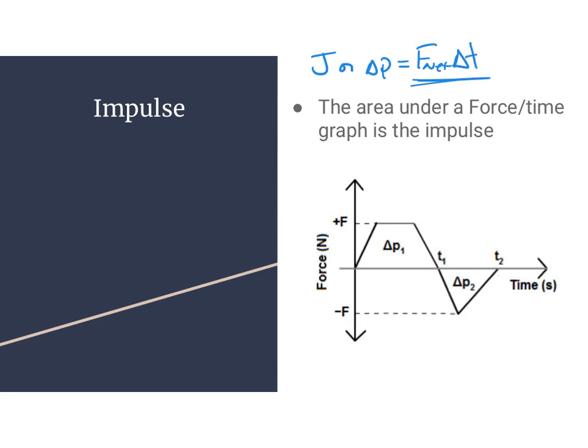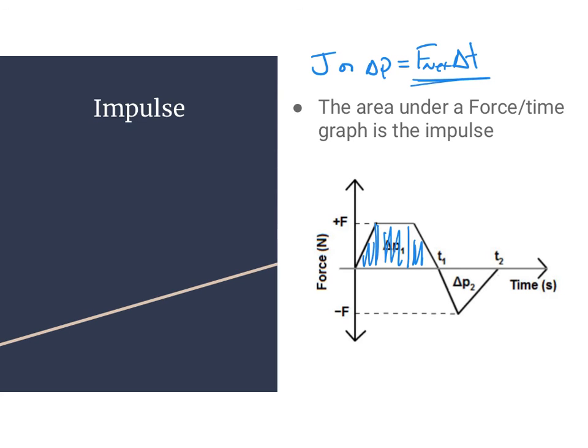We should recognize this hopefully as one of those equations where we can use the area under a graph to tell us what the value is. In this case, the area under a force time graph tells us the change in momentum.